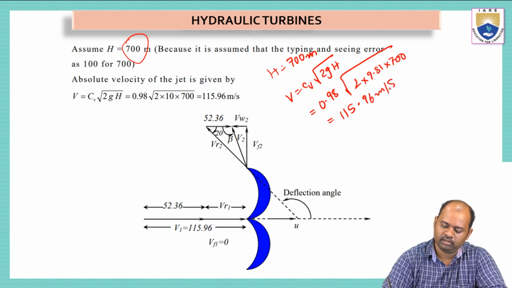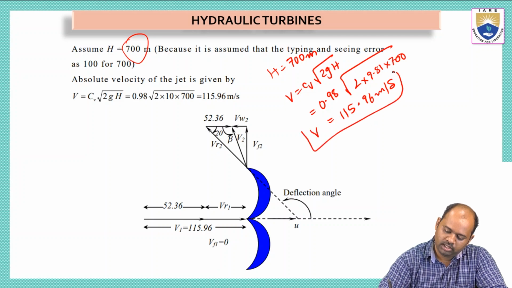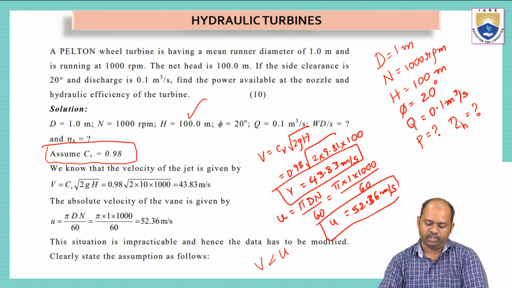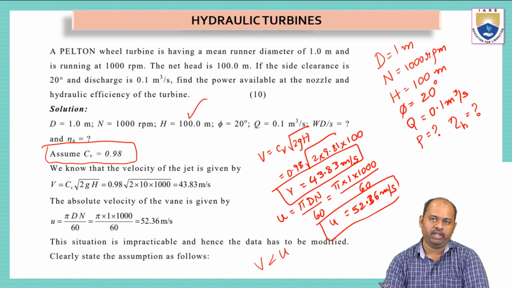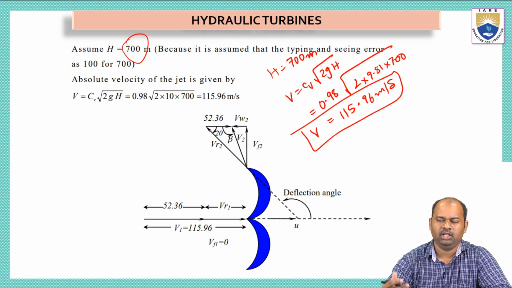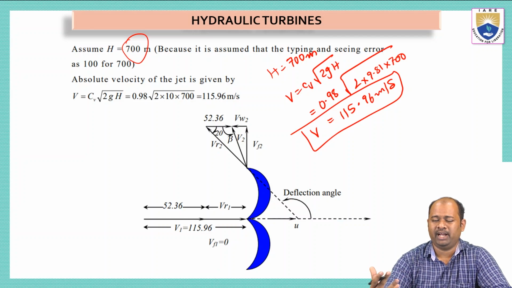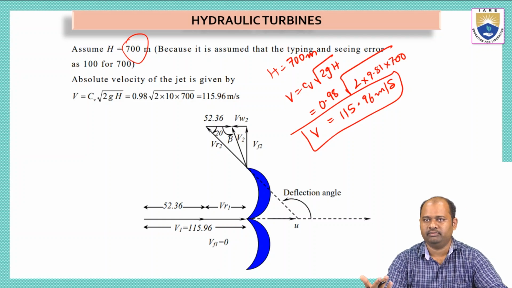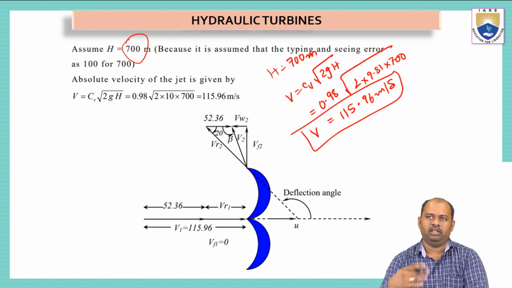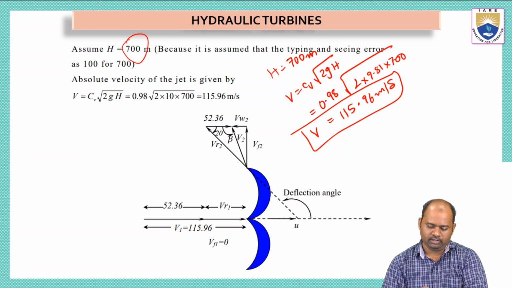115.96 meters per second. Now here the velocity value is above 100, that is 115. See here the velocity of the plate or vane is 52, okay, this twice. Now this is a somewhat practically possible value, so now we can go into the actual calculation of the problem. So far we have modified the value in order to calculate easily.